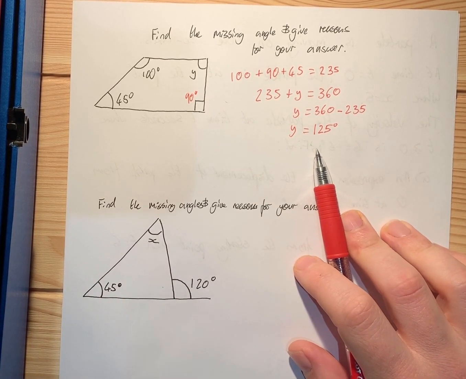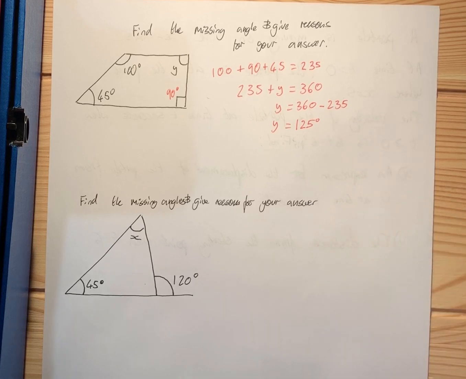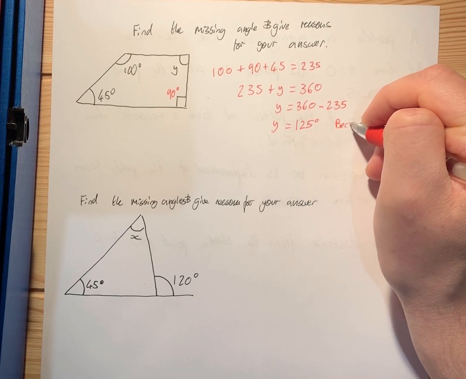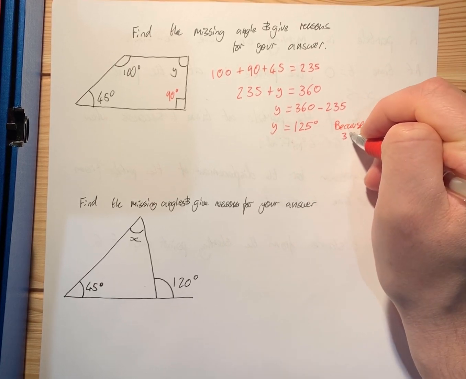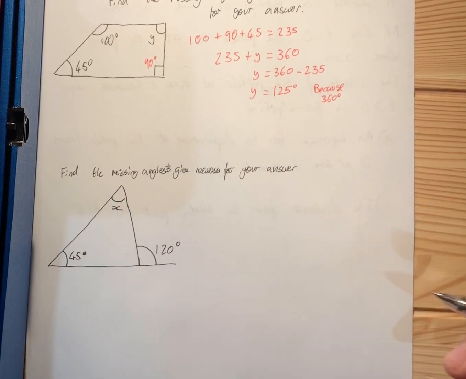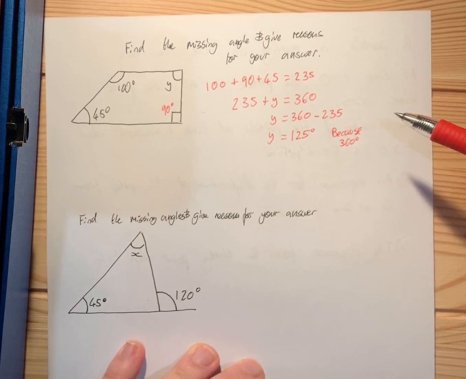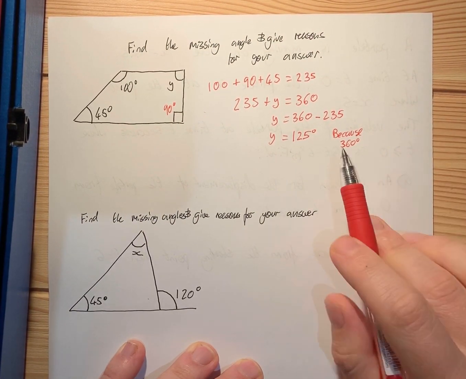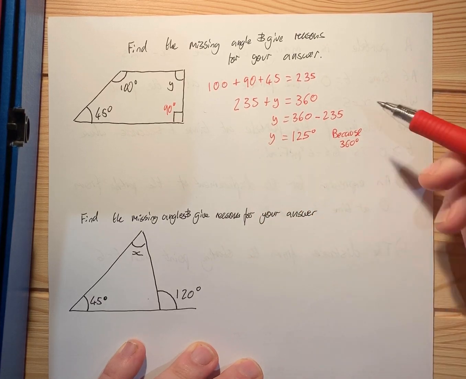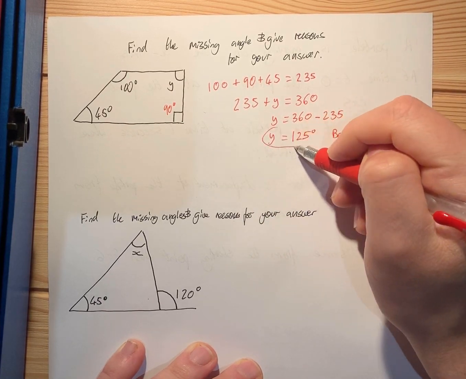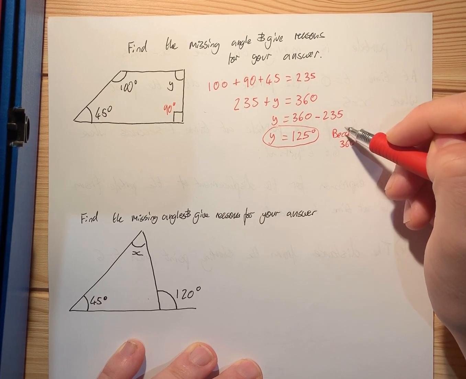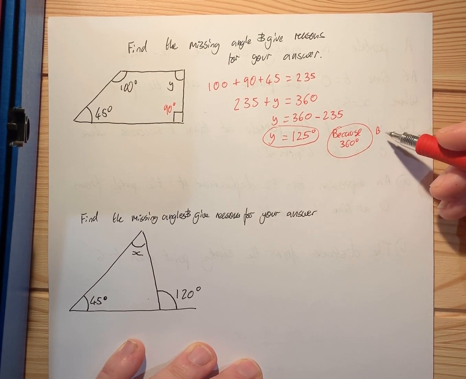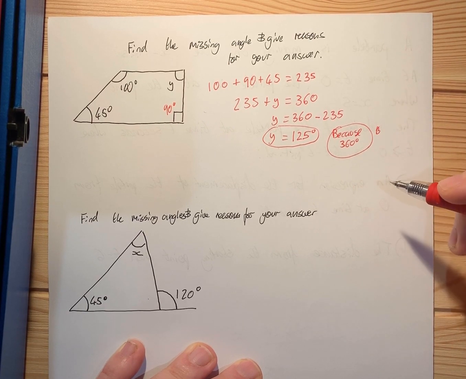Okay. Some people then said something like, because 360 degrees, or because they add to 360 degrees. What you need to say to get the marks is you need to give the full rule. Saying just because 360 degrees, or because they add to 360 degrees, is not correct.